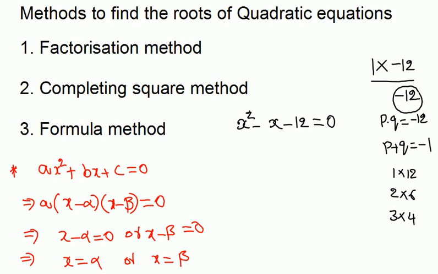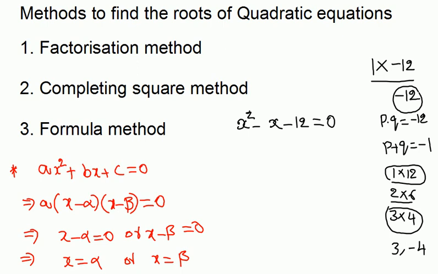That means if you subtract these factors, then we can get the coefficient of x, that is minus 1. Okay, here 1 minus 12 is minus 11, 12 minus 1 is plus 11, or 2 minus 6 is minus 4, 6 minus 2 is plus 4. Here 3 minus 4 is minus 1. Okay, so these are the suitable numbers. 3 comma minus 4 are suitable numbers.